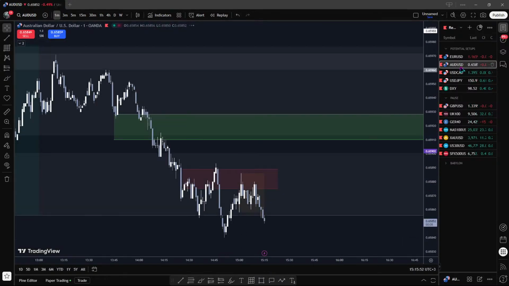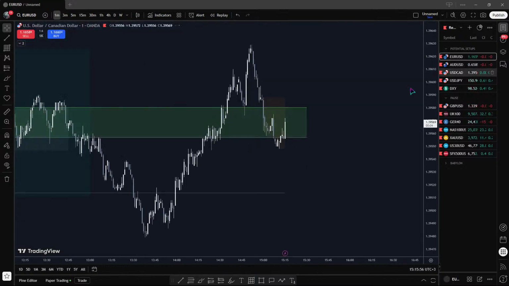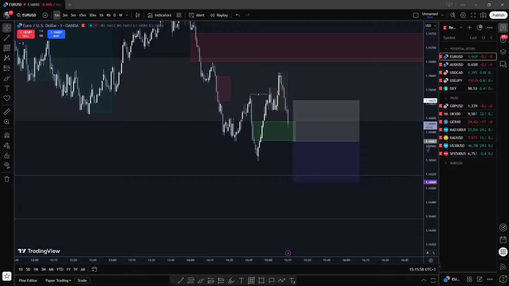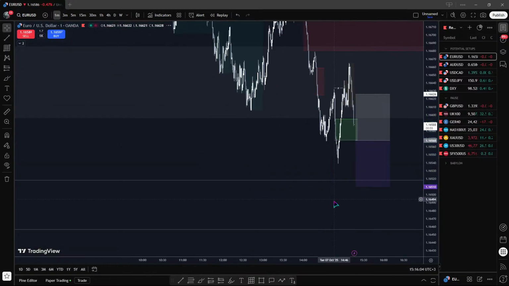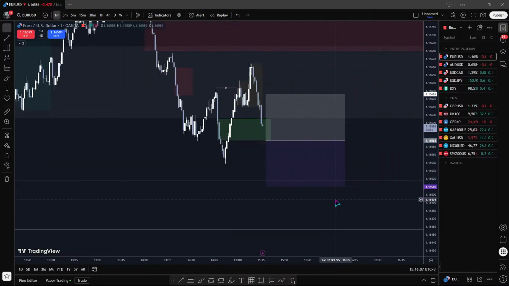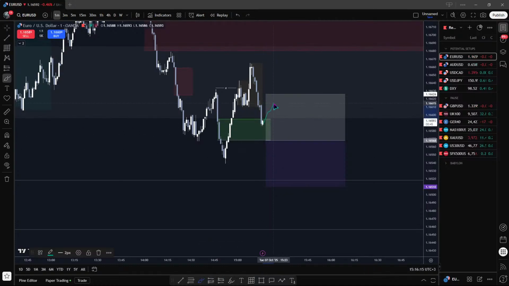Not really safe though, and AUDUSD needs a strong break lower for me to take this. Let's see. Might do something like this, come back, react a bit off here, then break, and here we take our entry.